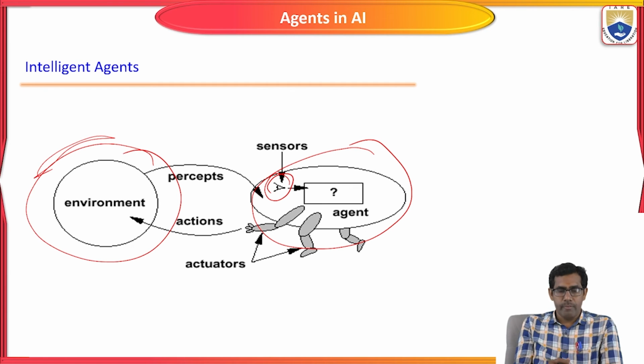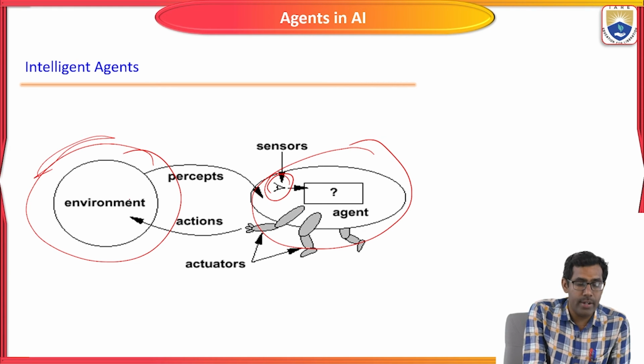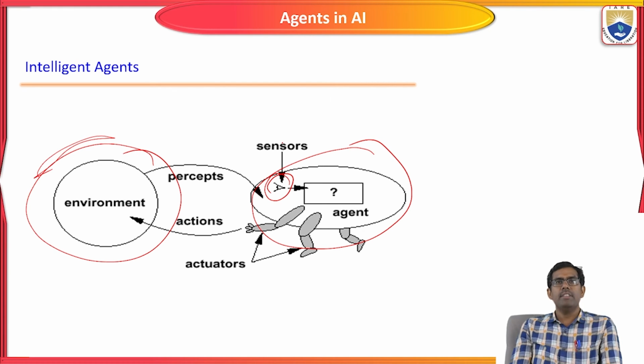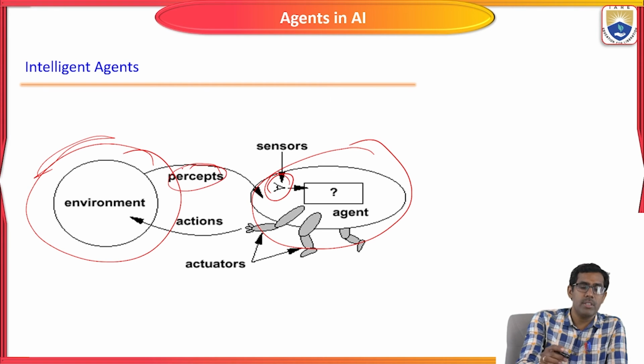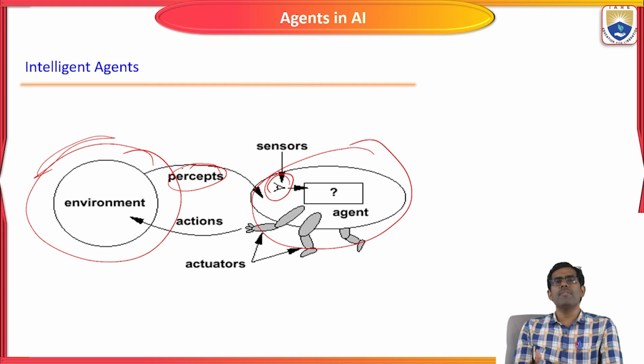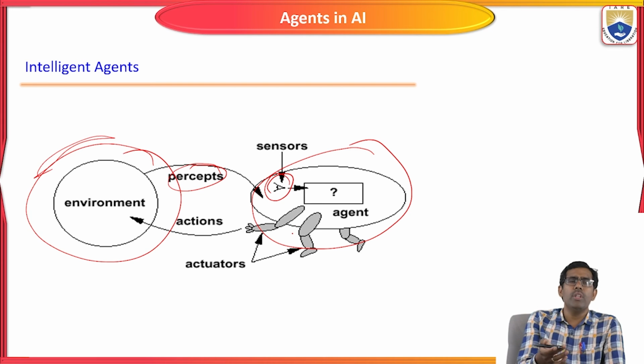Sensing something, right? So the agent will sense the environment through the sensor. So there is a concept of perception here, perceiving something from your environment. That is perception, right? So it will perceive, observe something through the sensor in the environment.